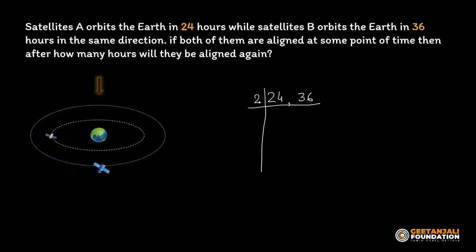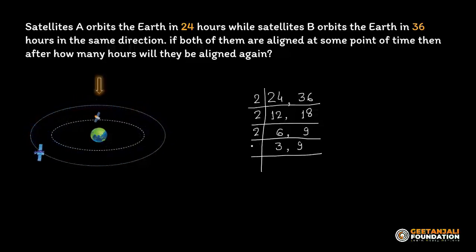So prime factorization method, we divide by 2. 2 ones are 2, 2 twos are 4, 2 eights are 16, 2 sixes are 12, 2 nines are 18, 2 threes are 6, 9. Now we will take 3. 3 threes are 9, and once again 3.